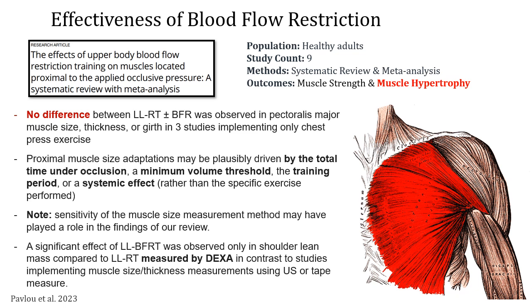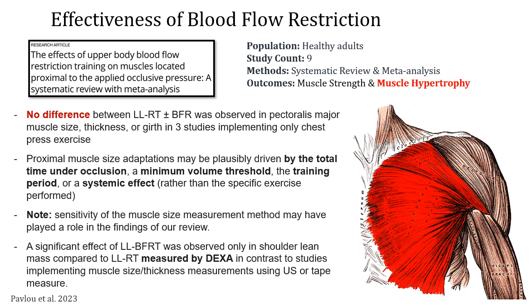And in this case, one of the plausible reasons why there wasn't more significance shown with the muscle hypertrophy is because the sensitivity of the muscle size measurement methods were inconsistent and may have played a role in the findings. A significant effect for the lower extremity BFR was observed only in the lean mass compared to the low load resistance training as measured by DEXA.